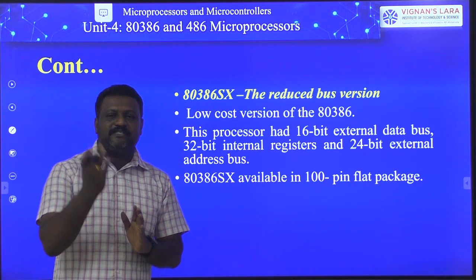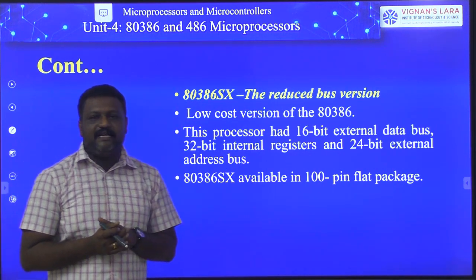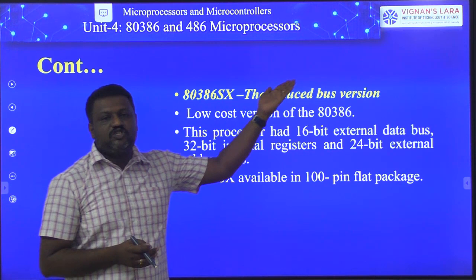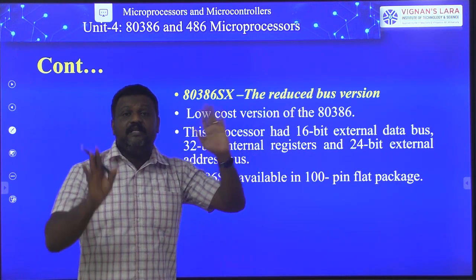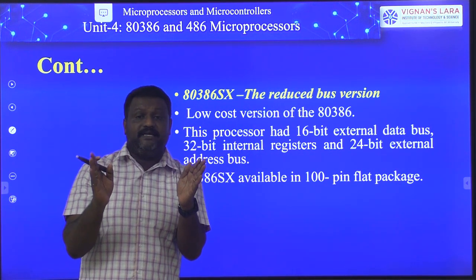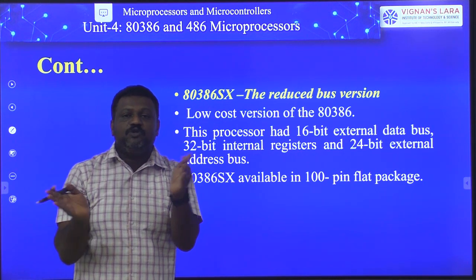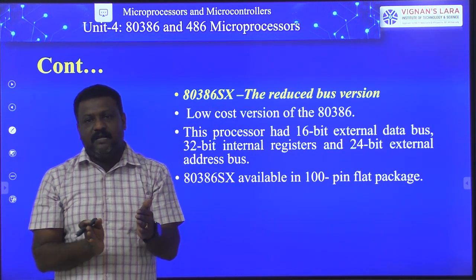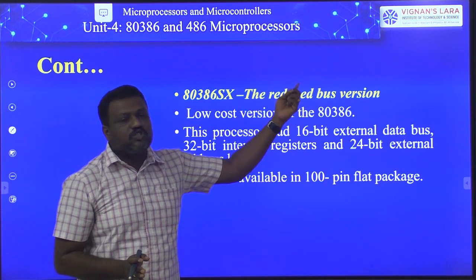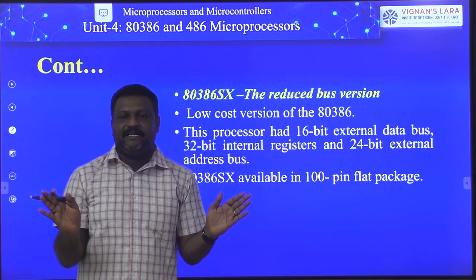Coming to the second version, 80386SX. It is a reduced bus version. That means instead of using 32 data lines or 32 address lines, I reduce the bus width. That's what is called the reduced bus version of 80386.